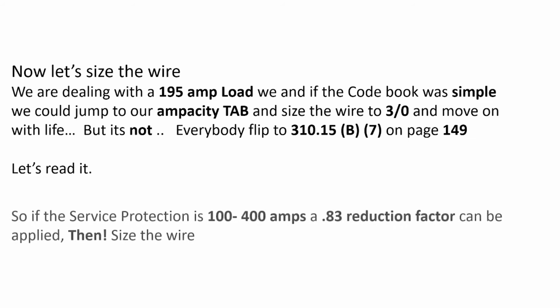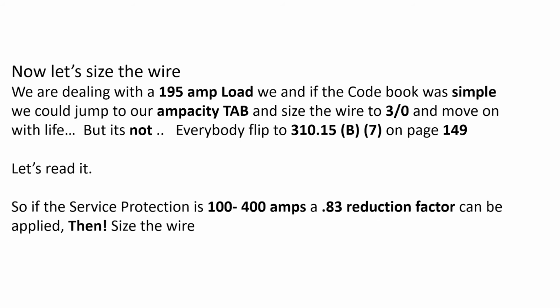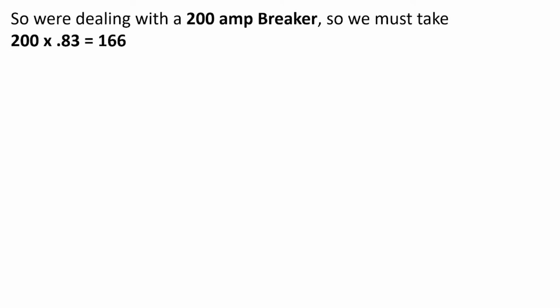So we read it. If the service conductors are protected by a 1 through 400 amp breaker, an 83% reduction factor can be applied, and then you would size the wire. And we're going to go over that right now. Okay, so we're dealing with a 200 amp breaker. So we must take the 200 amps and multiply it by 0.83.